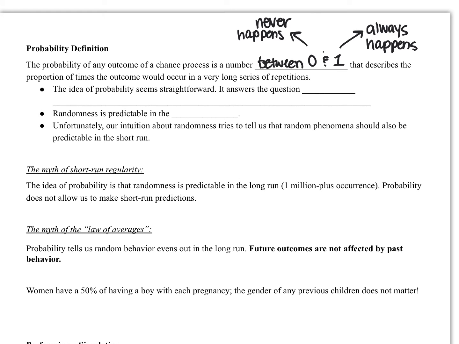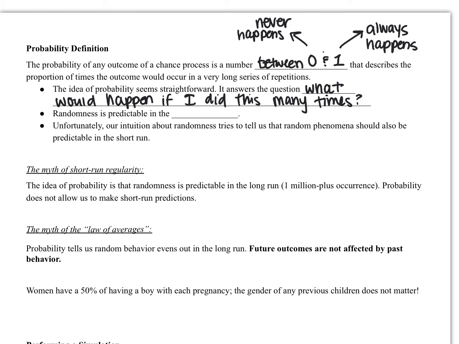So the idea of probability seems straightforward. And what it does is it answers the question, what would happen if I did this many times?